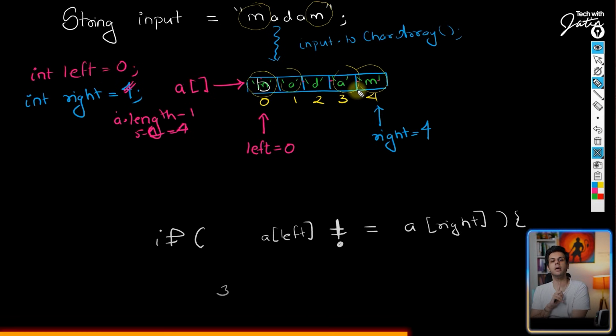So we are looking to check whether A of left is not equal to A of right. Are you getting the point? Because if this condition becomes true, A of left is not equal to A of right, it is not palindrome for sure.